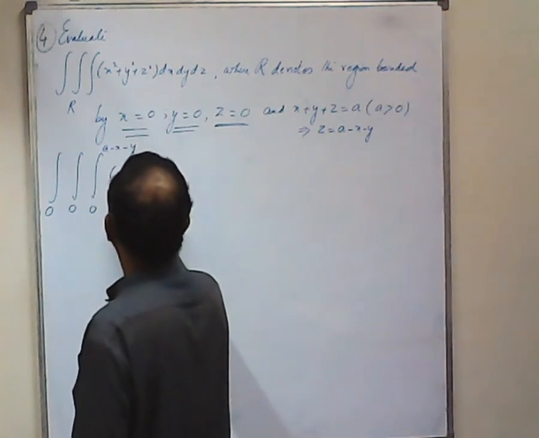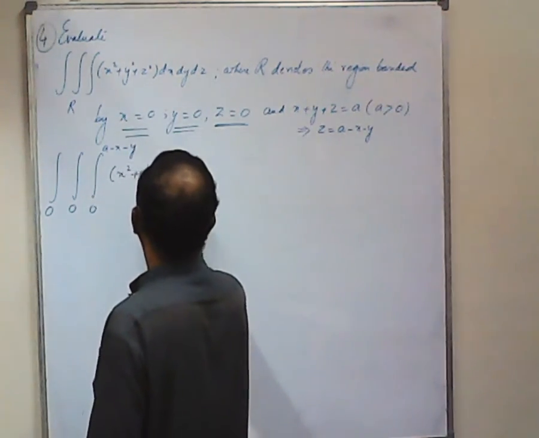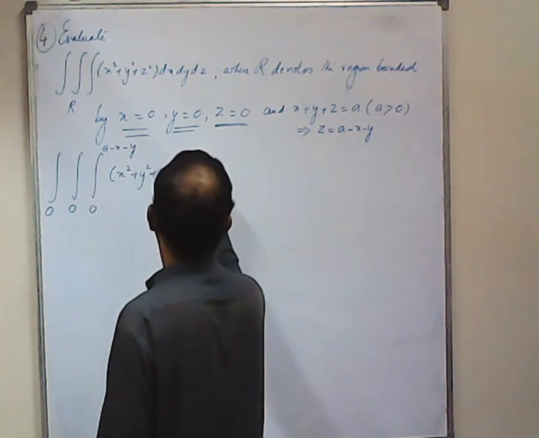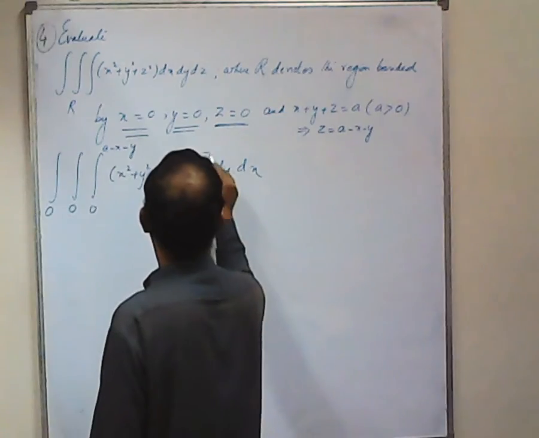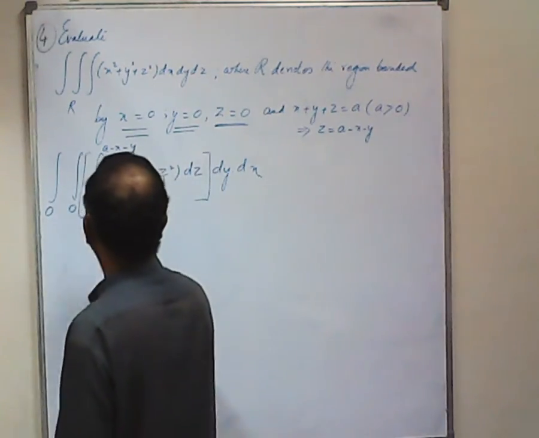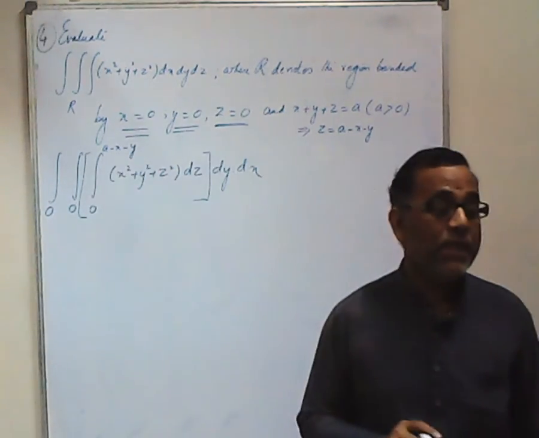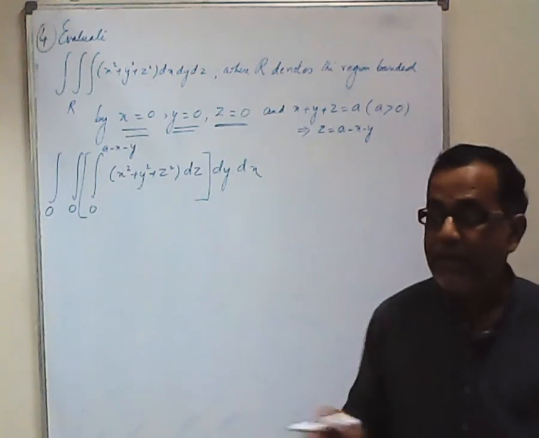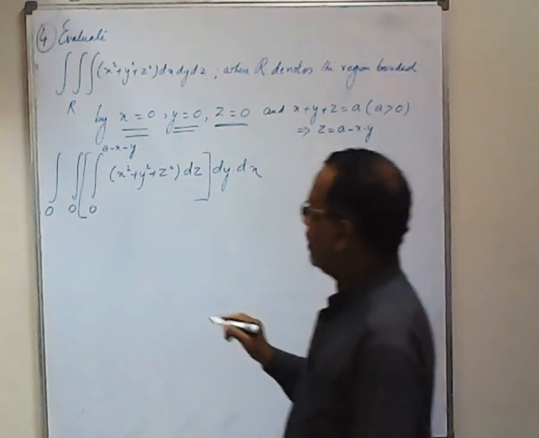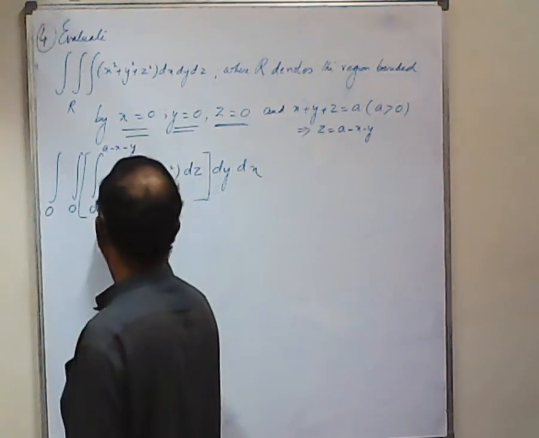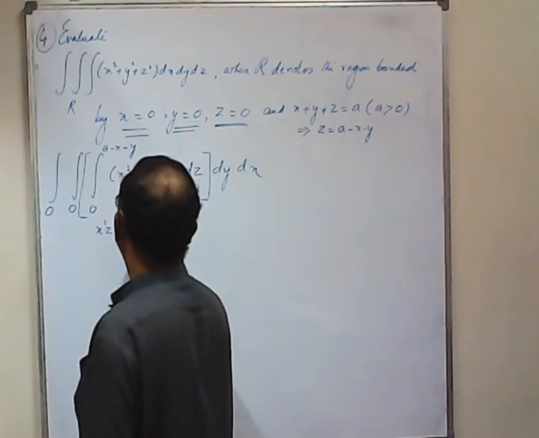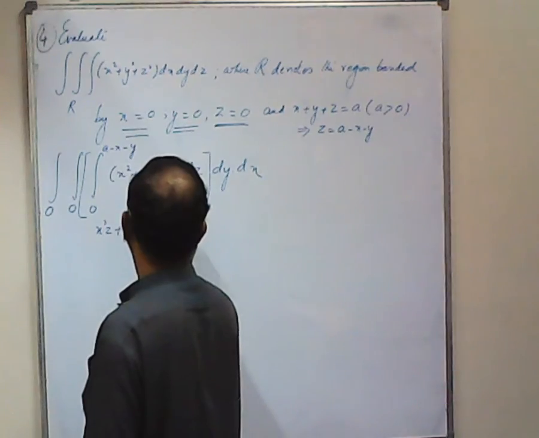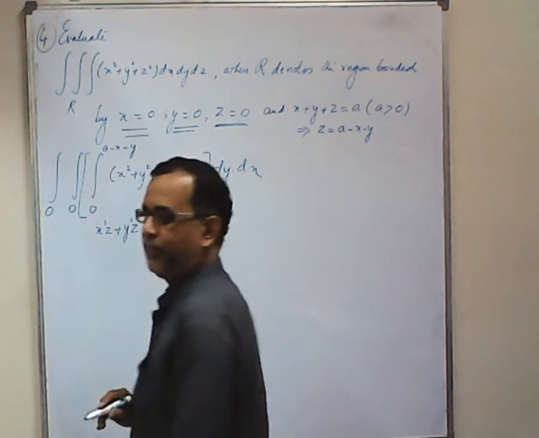Now we have x square plus y square plus z square, and we will integrate with respect to z first, then with respect to y, then with respect to x. So what will be the outcome? It will be x square z plus y square z plus z cube by 3.